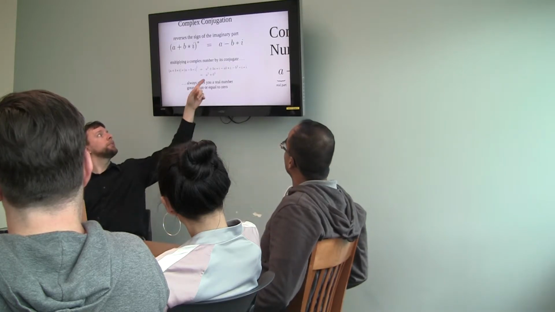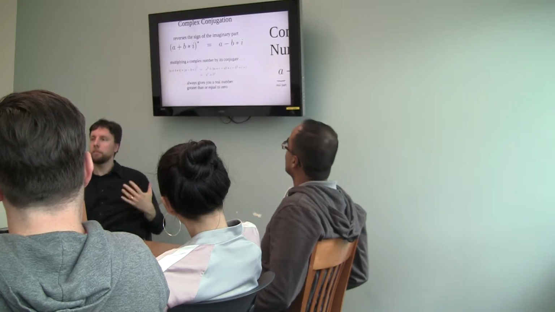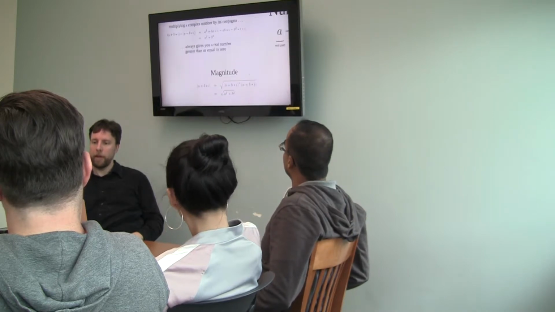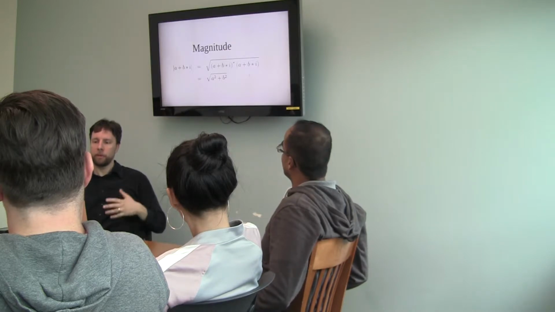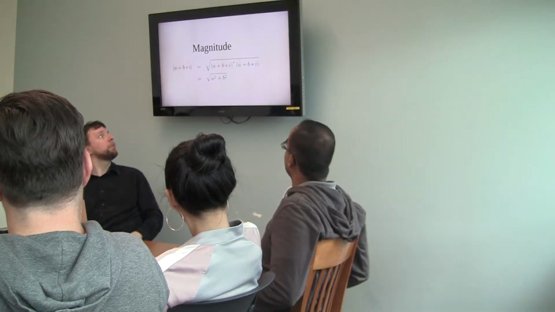And this always gives you the sum of two real squares, so that's going to be a real number that's greater than or equal to 0. And that's useful, for example, if we want the magnitude of a complex number, then that's just the square root of the product of the complex conjugate and the number itself.